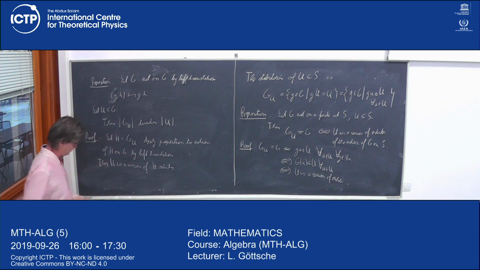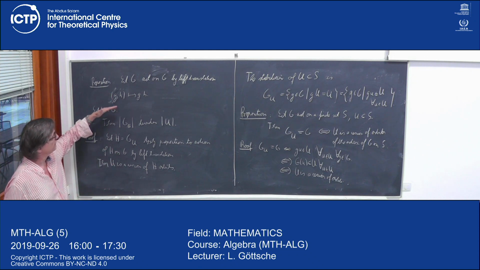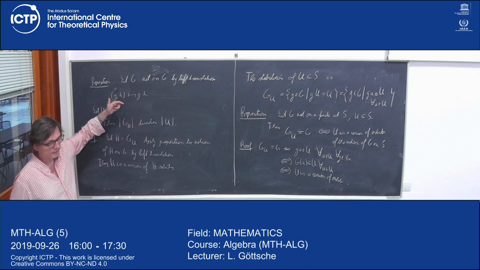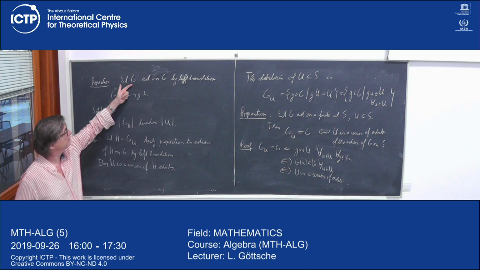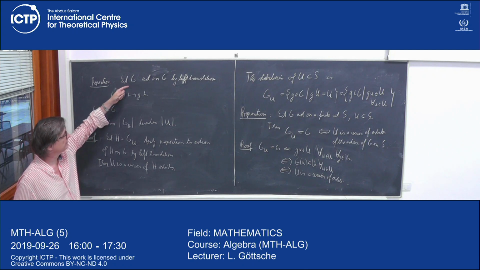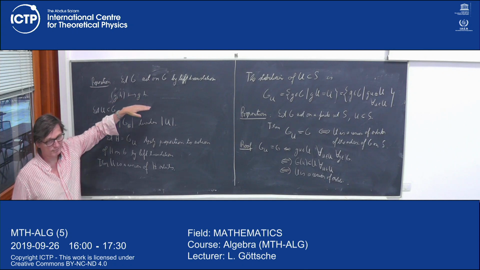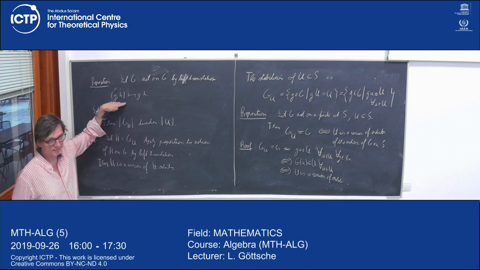But we know that for the left translation, this map is injective. So every orbit of the action contains as many elements as H, because with the multiplication you can multiply and you can multiply by the inverse. It's a bijective map.